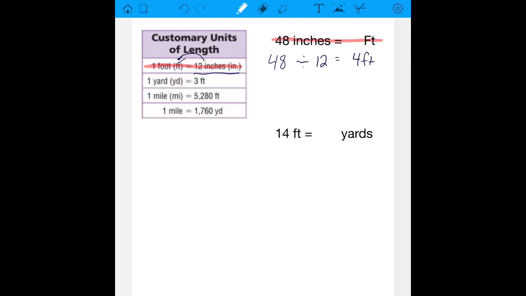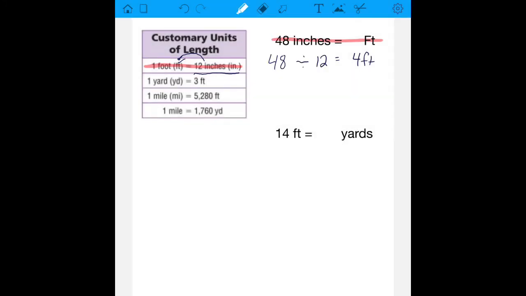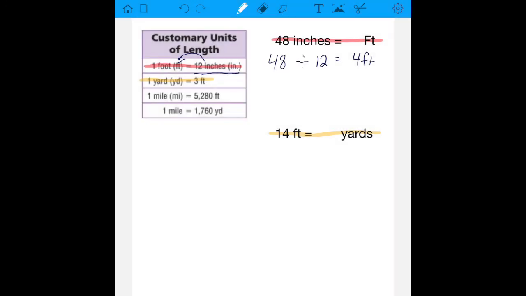Now on the next one, I am going to do another division step, but in this case, I'm looking for how many yards there are in 14 feet. So I'll look at my chart again. I can see 1 yard has 3 feet in it. Well, this one's going to be a little bit more difficult because, again, I know I have 14 feet, but I'm going to do a division.